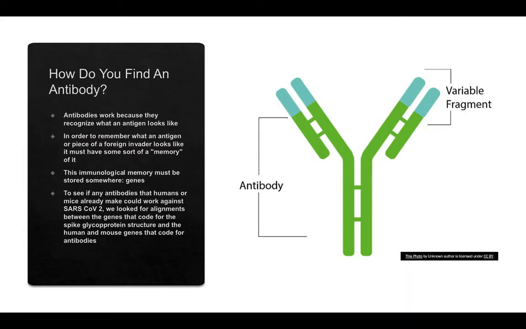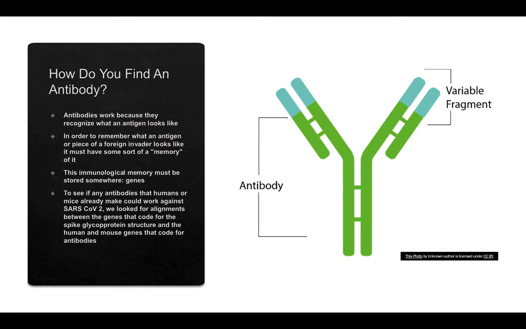So how do you find an antibody? An antibody is a Y-shaped molecule, and it works because it binds to an antigen. So it binds to either a protein or peptides from a foreign invader. And antibodies work because they have the ability to remember what an antigen looks like. And this immunological memory has to be stored somewhere, and it inevitably gets stored in an organism's genes.